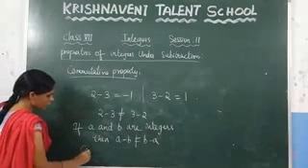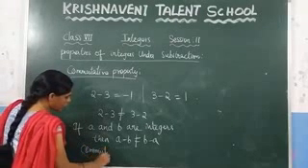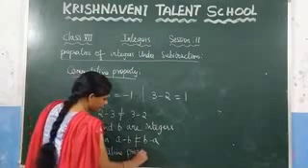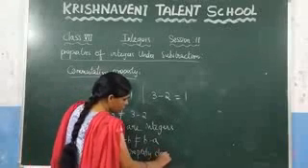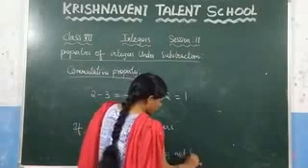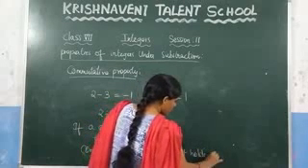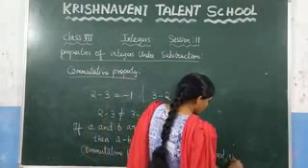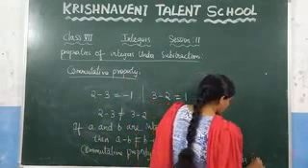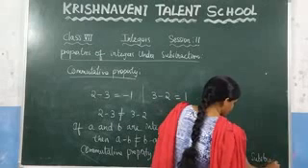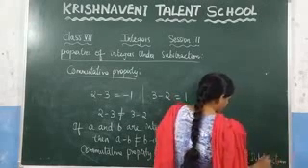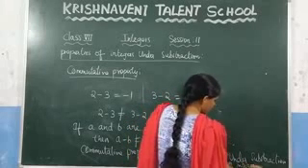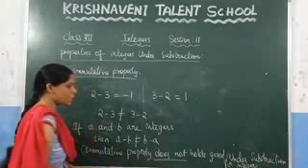So from this you can say that integers. This is about the commutative property under subtraction.